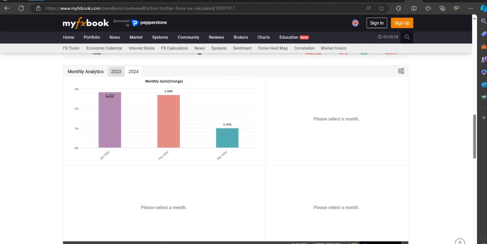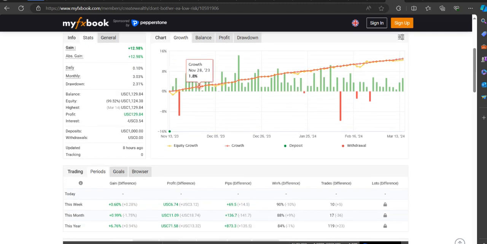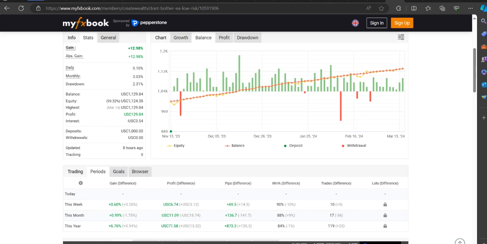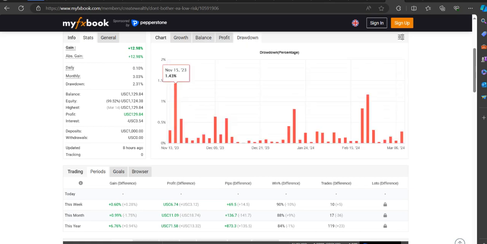Let's go to the other one now. This is the low risk one. The growth graph, the balance graph, the profit graph, and the drawdown graph. Results are almost the same: drawdown is 2.31%, monthly is around 3.03%, daily is around 0.10%.